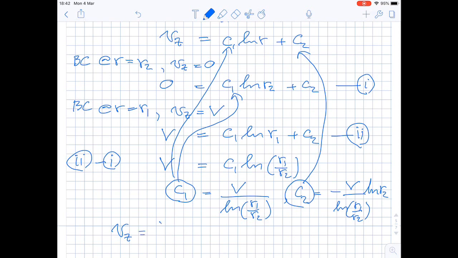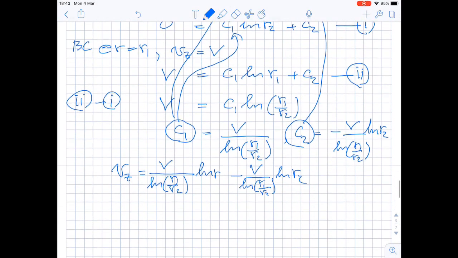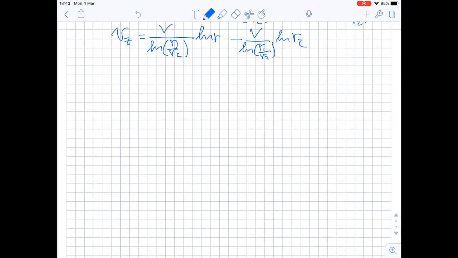So Vz would be capital V over logarithm r1 over r2 times ln r subtracted by c2, then just clean it up, take the common term, and combine logarithm r and logarithm r2 to get the same answer as what we did earlier.